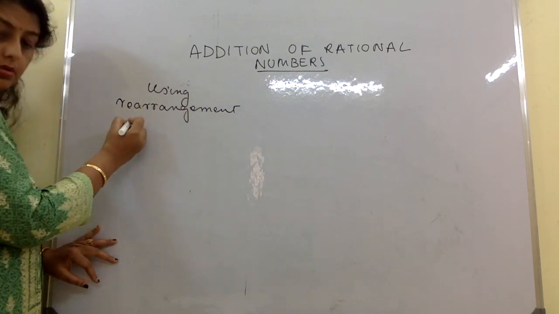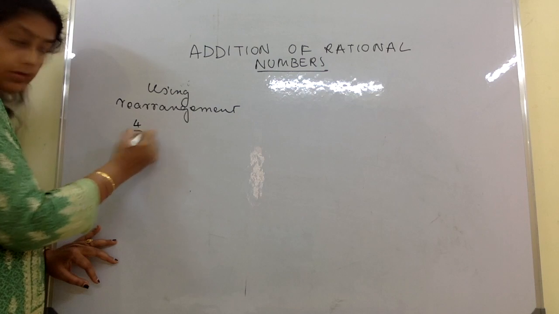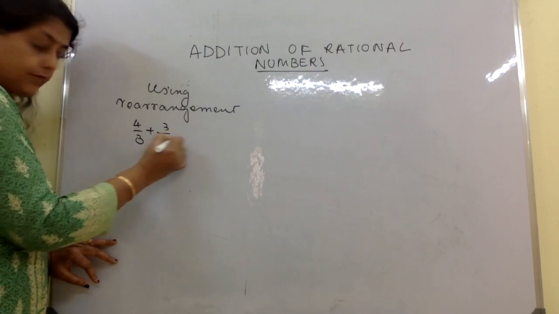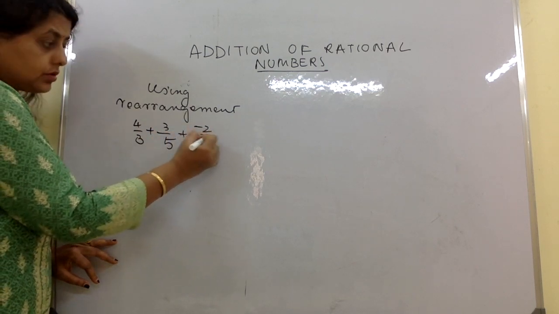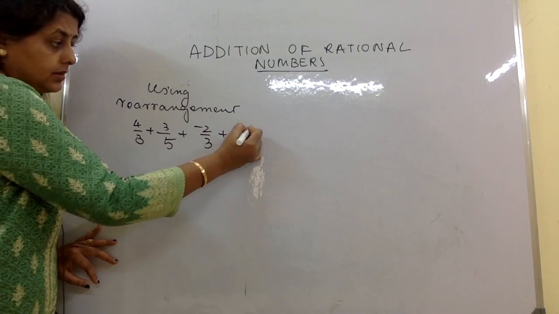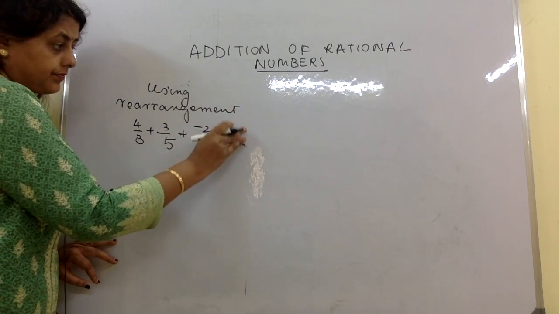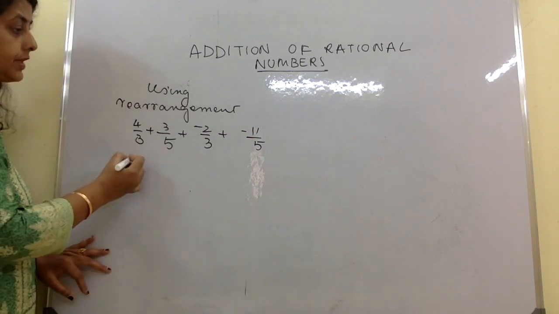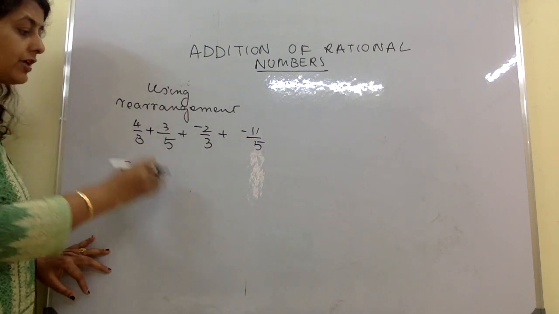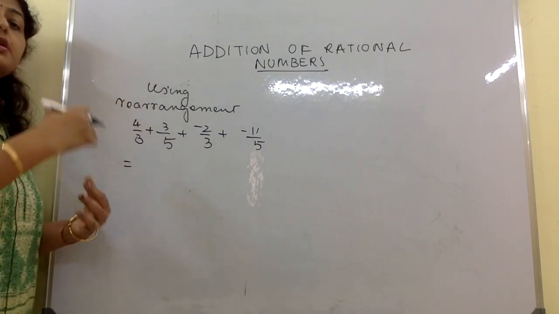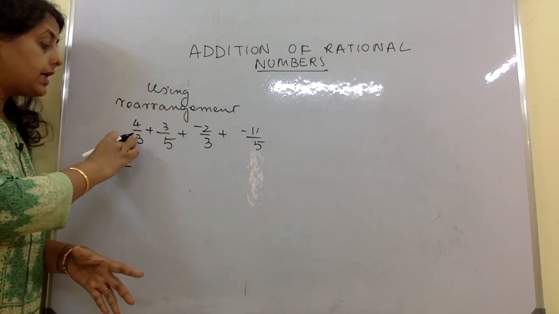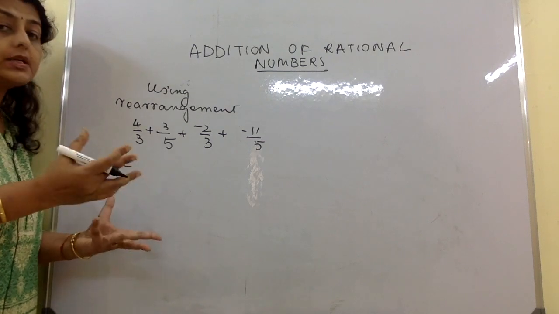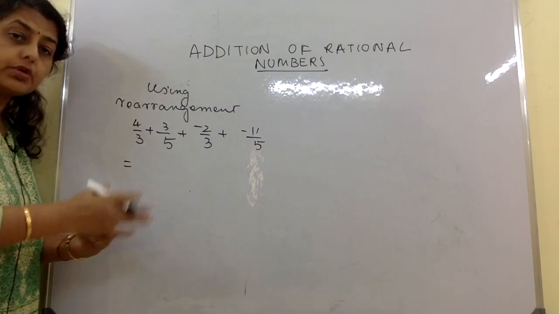Okay, so how to do? 4 by 3 plus 3 by 5 plus minus 2 by 3 plus minus 11 by 5. Okay, this is the sum. Now here, when you see this, one method can be to get a direct LCM of all of them and then do the sum, but that is not what you are looking for here.